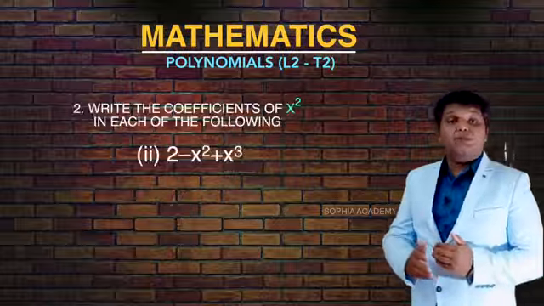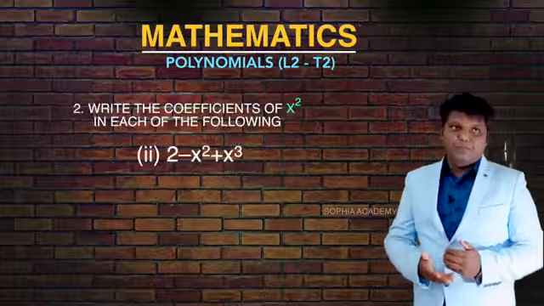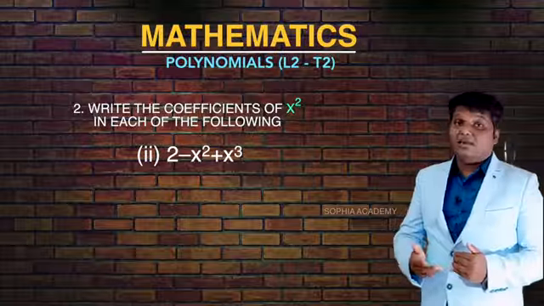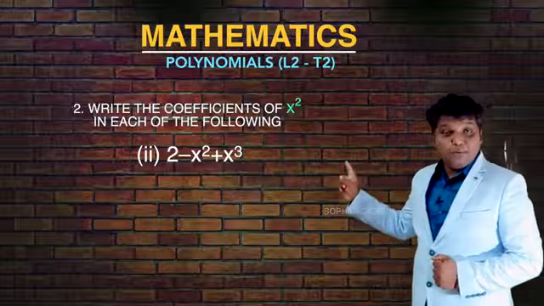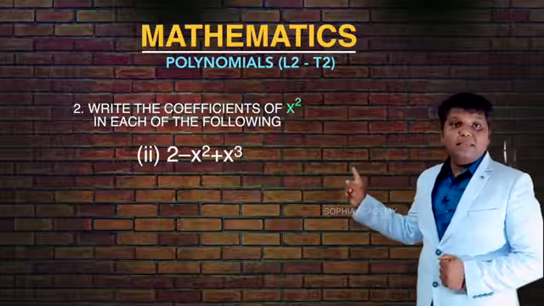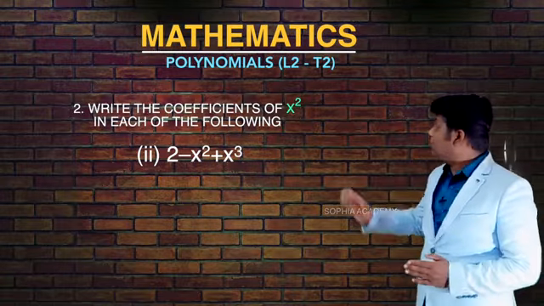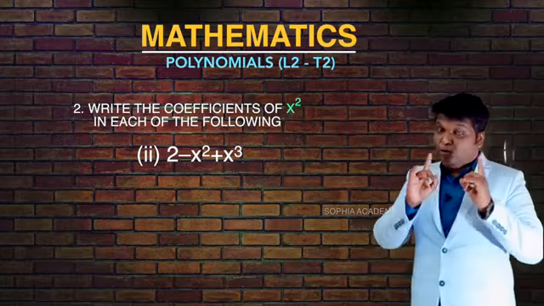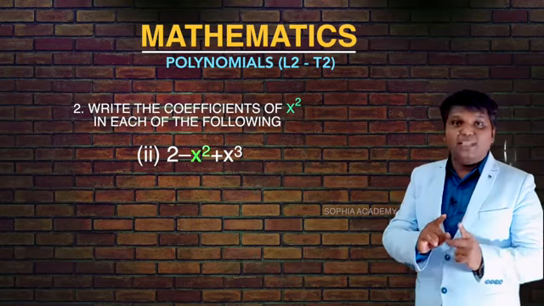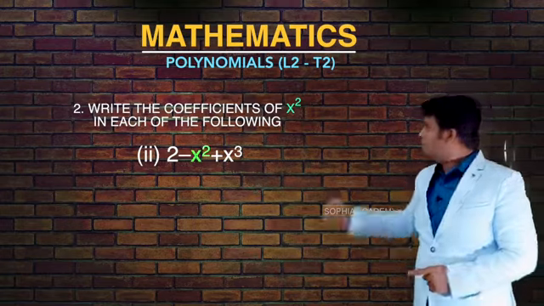2 minus x square plus x cube. So there are 3 terms again. The first term is 2. The second term is minus x square. The third term is plus x cube. So as I told you earlier, again focus your eyes on x square. X square, that is the term which we needed. So let us check out x square.